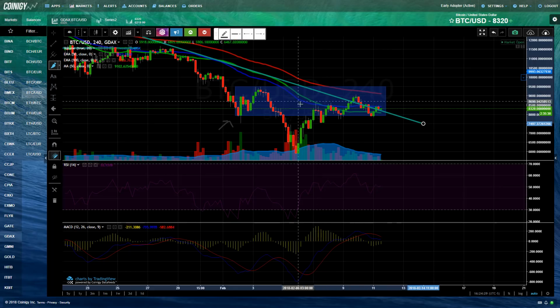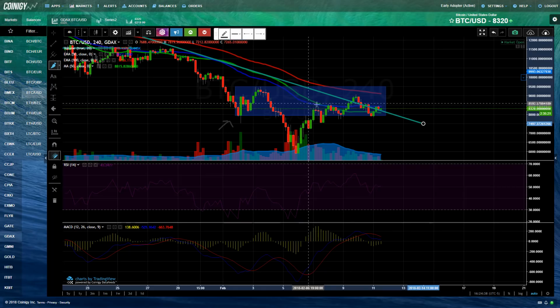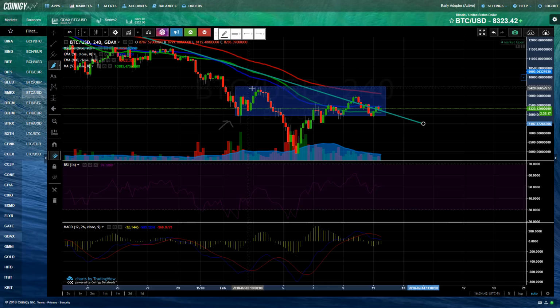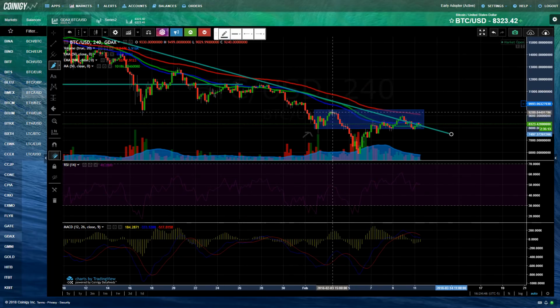Each of these represents resistance. So each of these EMAs, your MA, your trend line, your resistance areas, this is all resistance. When you put this together, you have a huge resistance pack here.